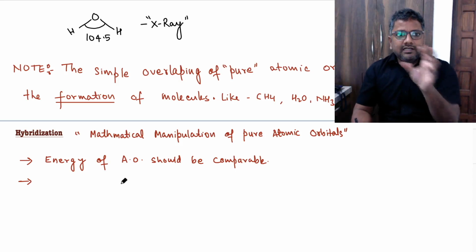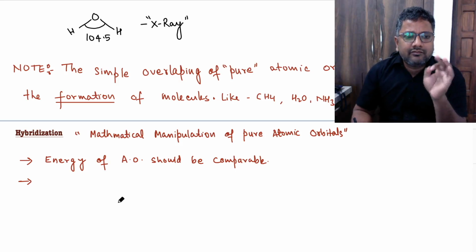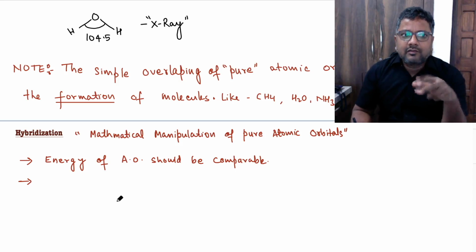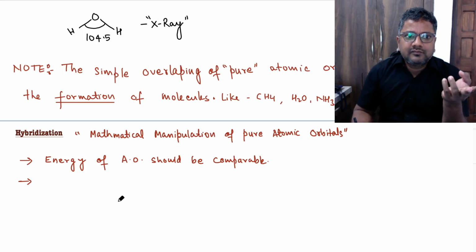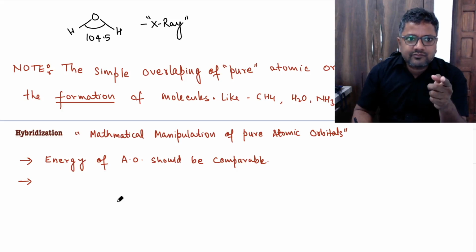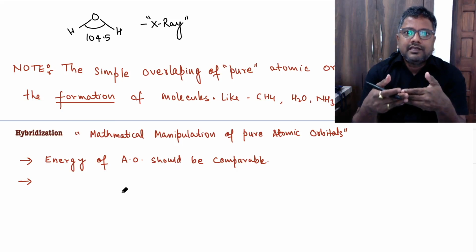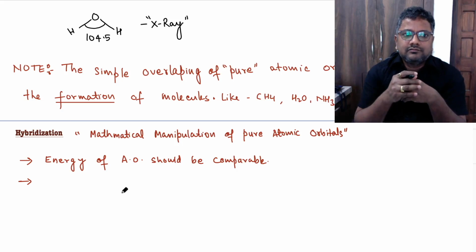Second point, for mixing of atomic orbitals, it is not necessary that the orbital has one electron, or the orbital has two electrons, or the orbital has no electron. As in VBT, it is mandatory that atomic orbitals which are going to overlap must have one electron.